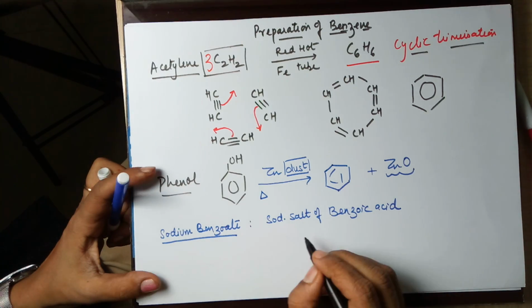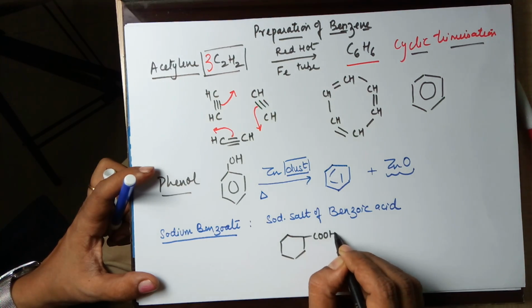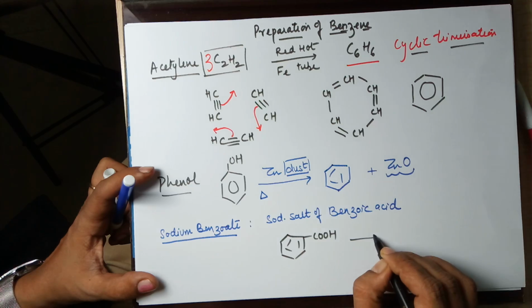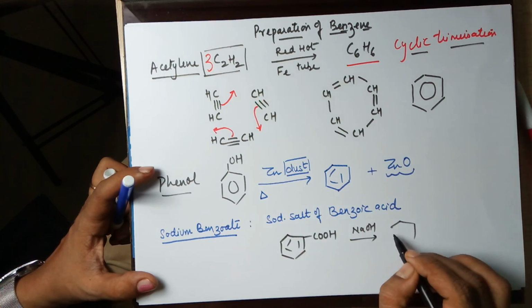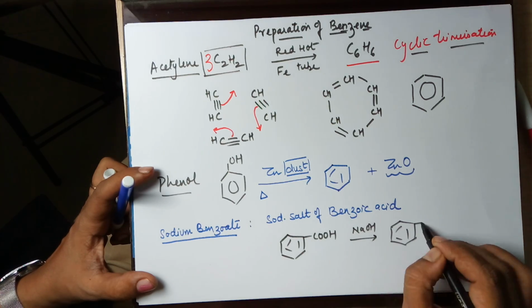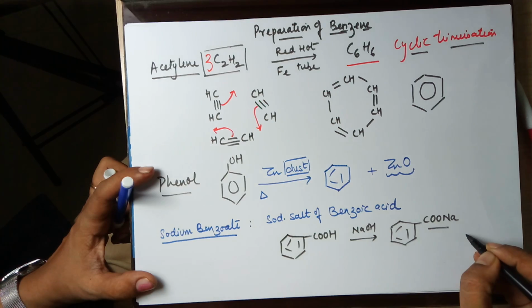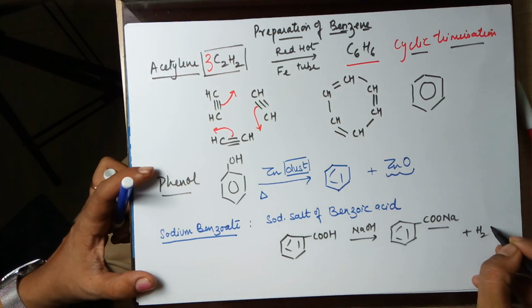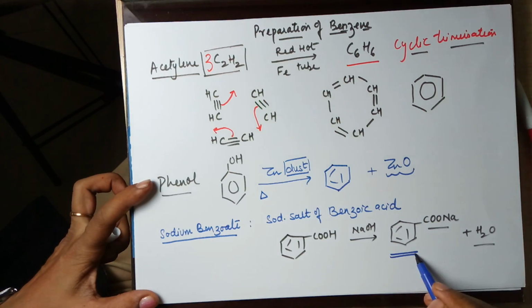A benzoic acid is this. If I need a sodium salt, I need to react it with NaOH. It will lead to the formation of sodium benzoate. Of course, the byproduct would be water, which we are not interested in, but would definitely lead to the formation of sodium benzoate.